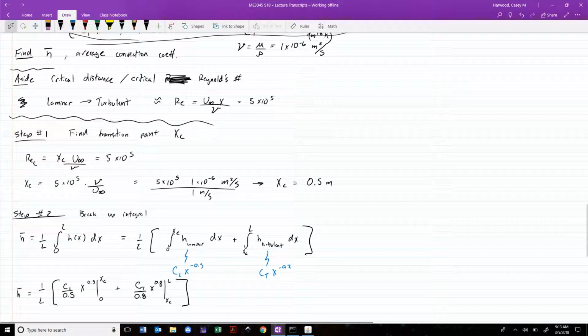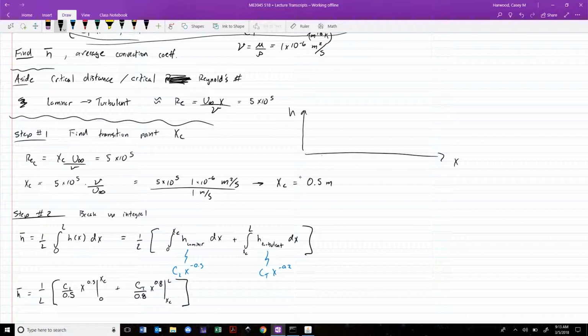As I sketched before, if we were actually to plot out these two H functions, we would see that we're given one that describes laminar flow, and another that describes turbulent flow.